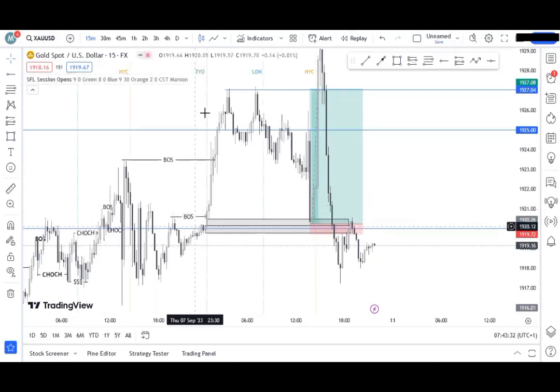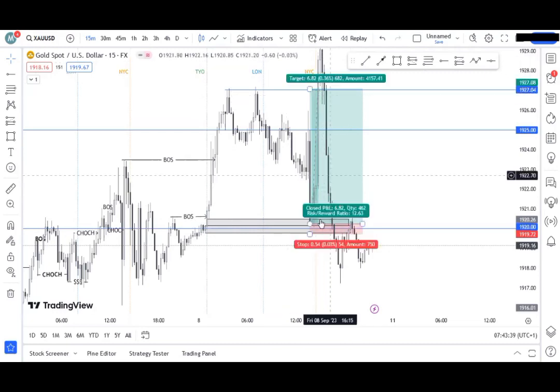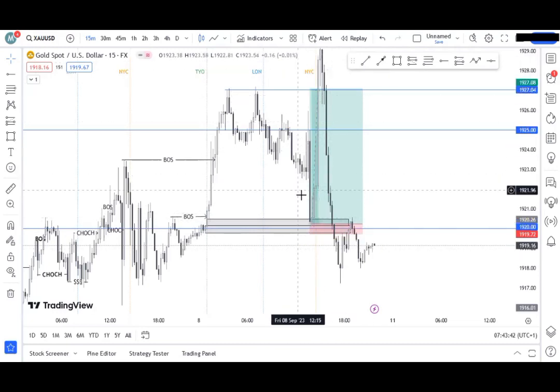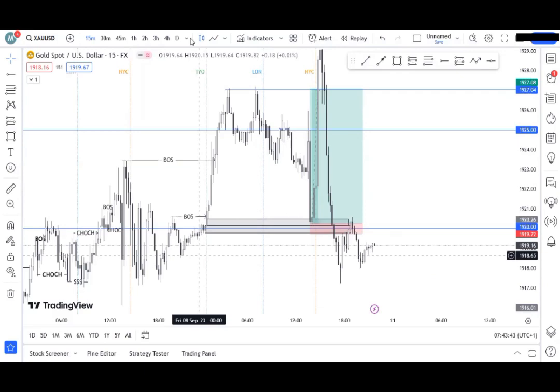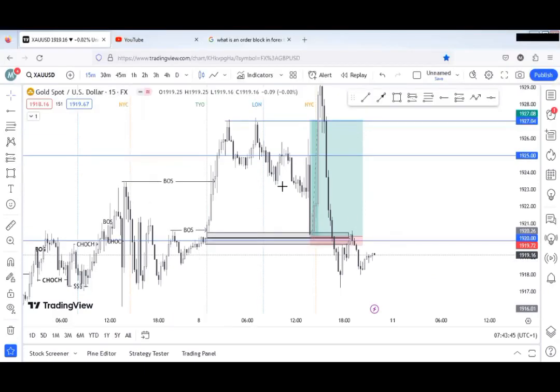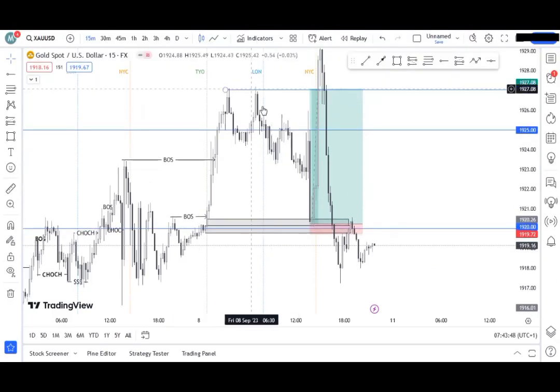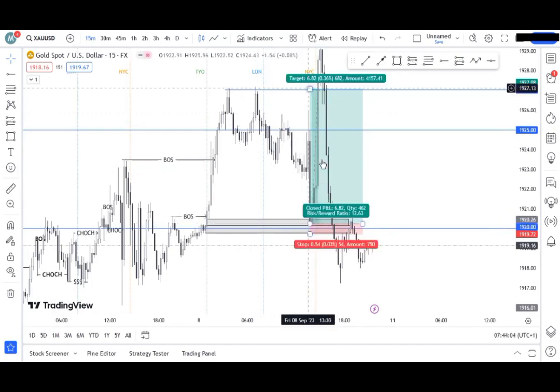So we got this order block right at Tokyo session. The order block tapped in right as New York is about to open. And gold moves very well during New York session. You see, skipped London session. Gold moves London session, but it's not as much as it moves during New York session. If you see, market did not tap into it in between these two sessions. It tapped into it exactly during the New York session and pushed up.